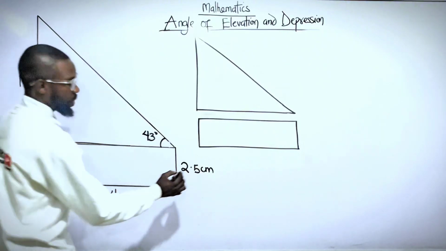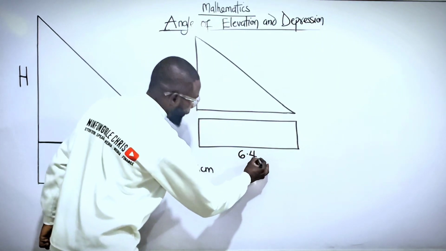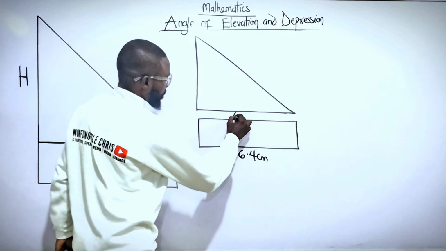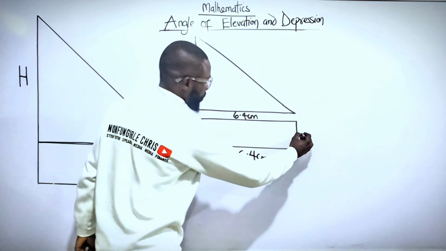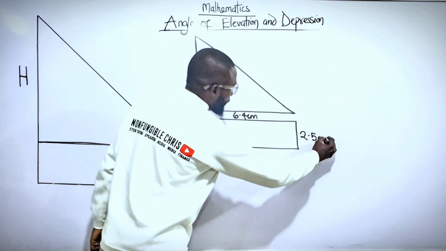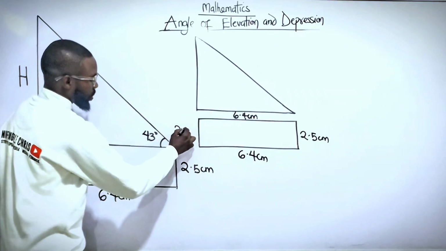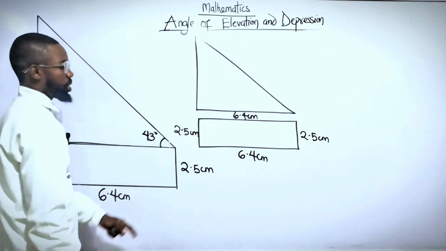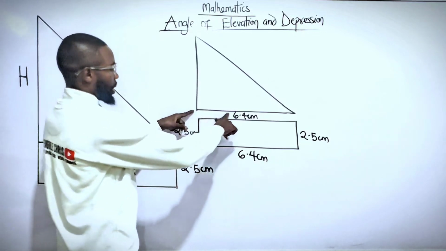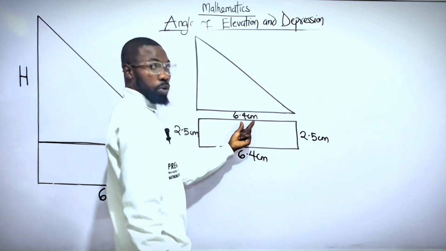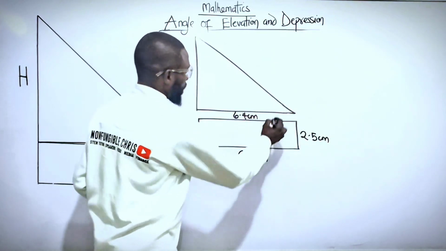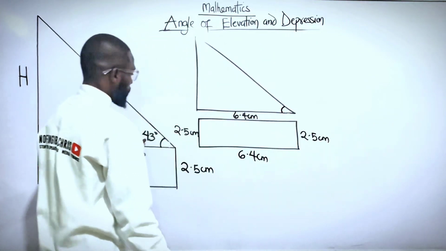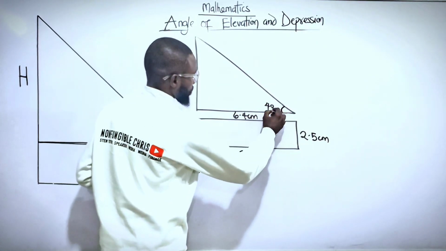If here is 6.4, it actually makes here 6.4 cm, and if here is 2.5, it makes here 2.5 cm. That means this triangle has a length of 6.4, and then we have an angle here of 43 degrees.